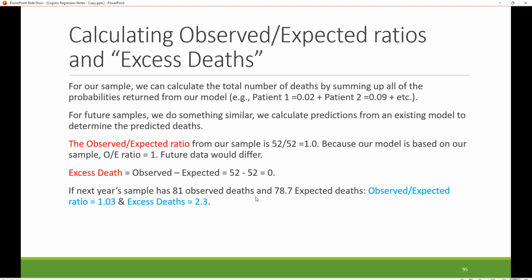That's 81 minus 78.7. So when we're working with observed expected ratios and excess death, we're looking at those overall numbers, and the observed part would be just the number of deaths that we have, and the expected part would be those predicted probabilities summed up together.